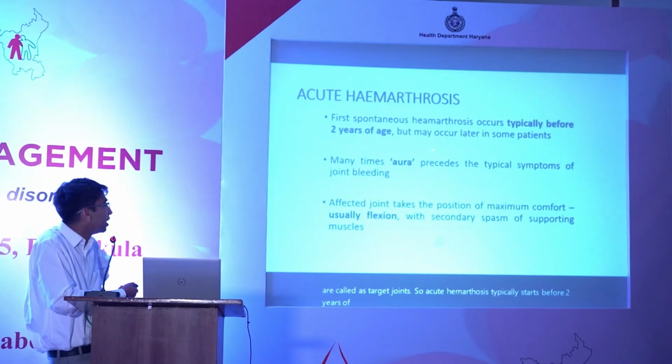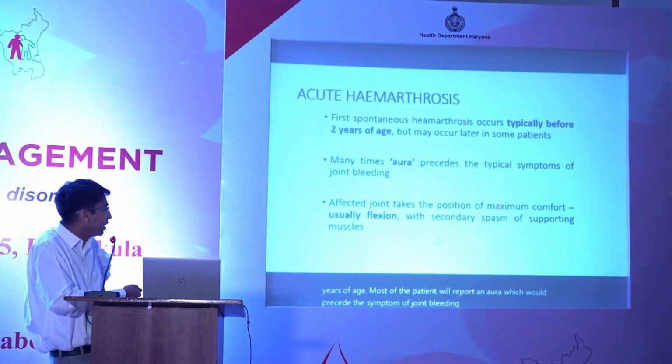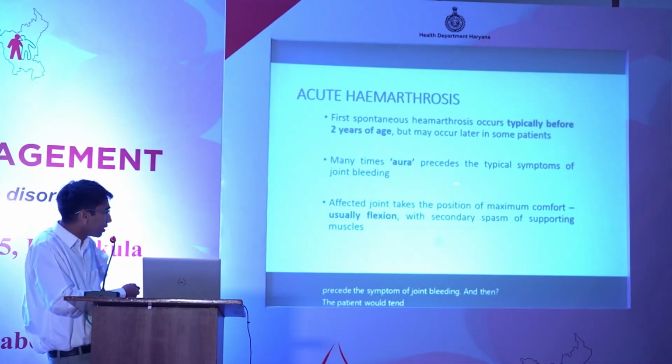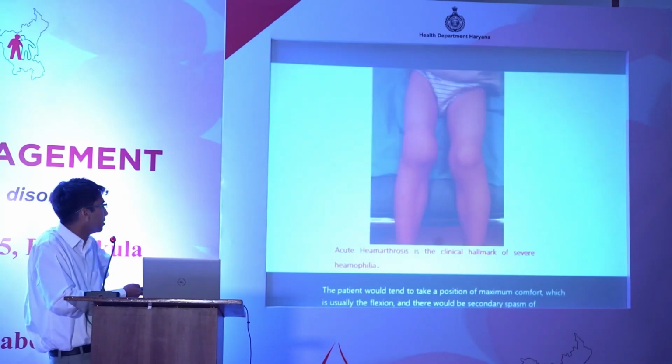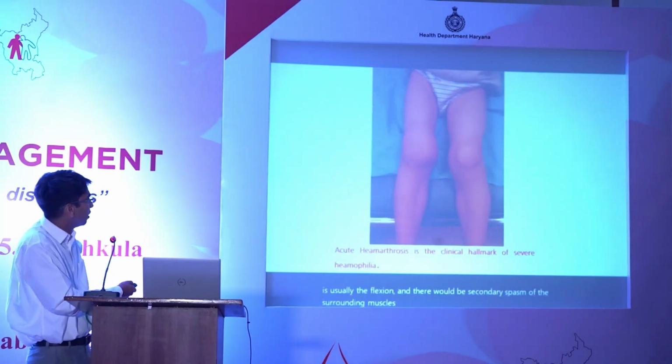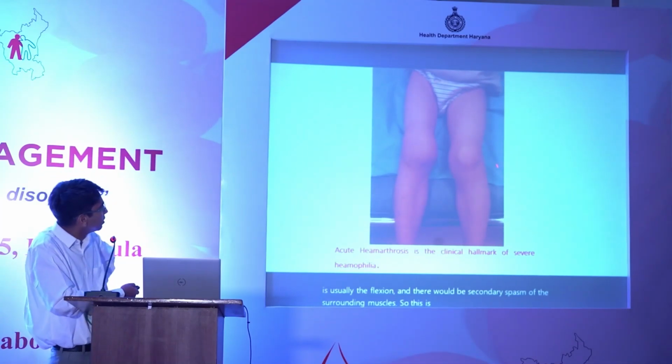Most patients will report an aura which would precede the symptom of joint bleeding, and then the patient would tend to take a position of maximum comfort, which is usually flexion, and there would be secondary spasm of the surrounding muscles. So this is the acute hemarthrosis.